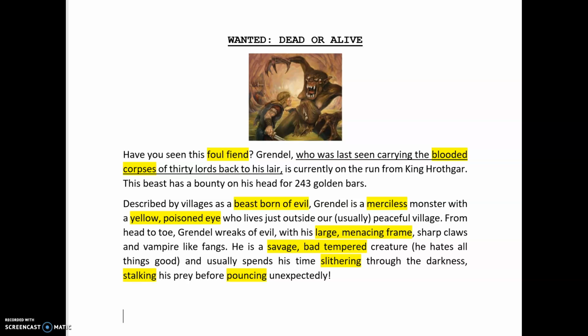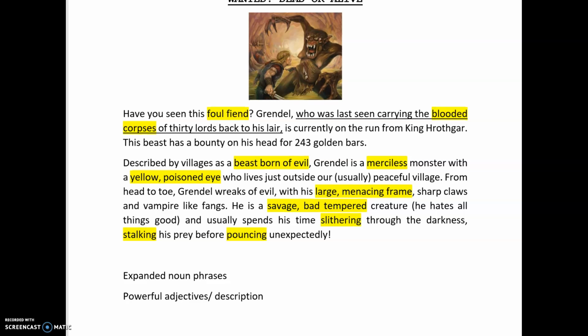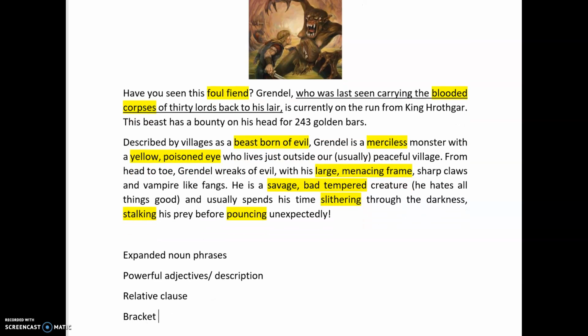The things I would like you to remember, and I'll write these in the lesson for you: I want you to remember to add in expanded noun phrases, powerful adjectives and description. It would be nice in our opening paragraph if everyone could have a relative clause and if everyone could use a bracket somewhere in their writing.